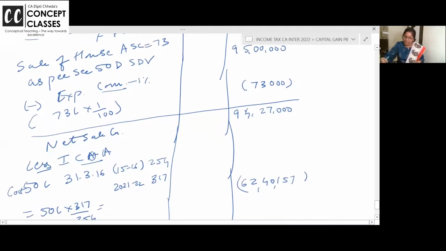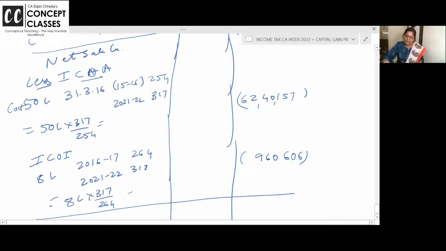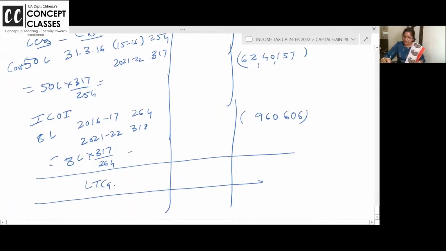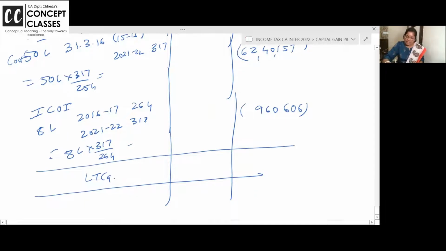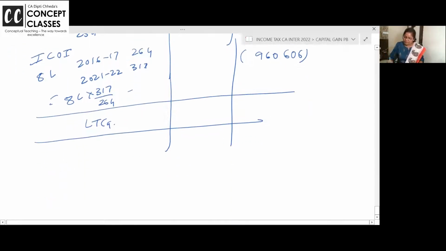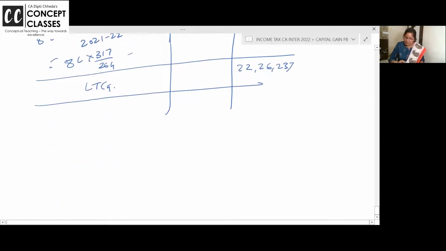Can anyone put the answer quickly? 94 lakh 27,000 minus 62 lakh 40,157 minus 9,60,606. 22 26 237. Correct? Yeah.